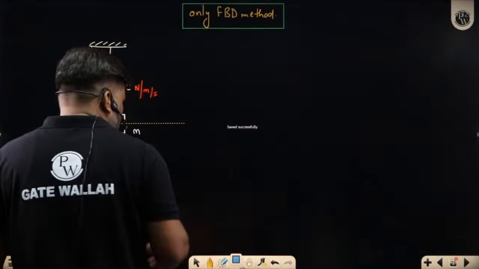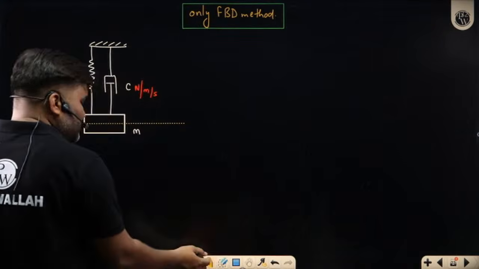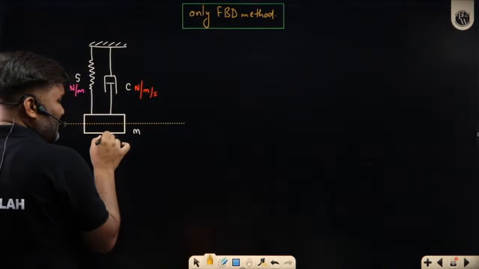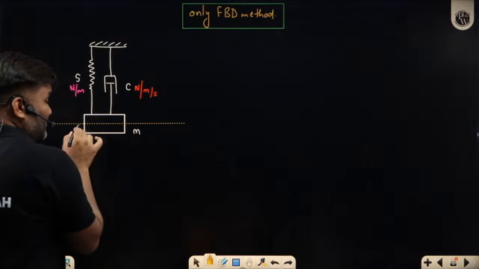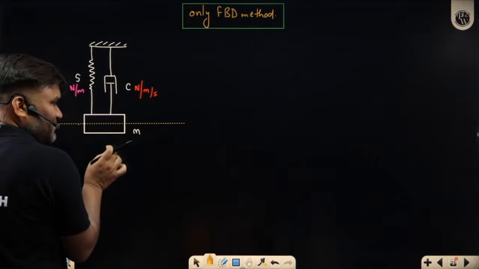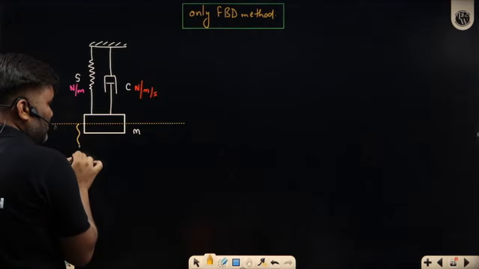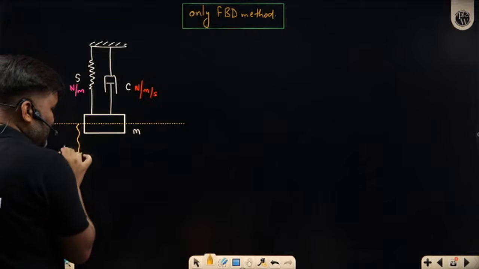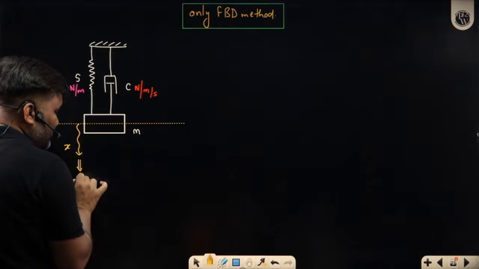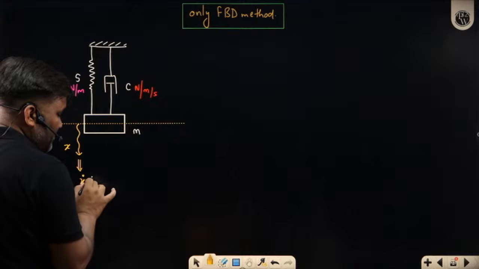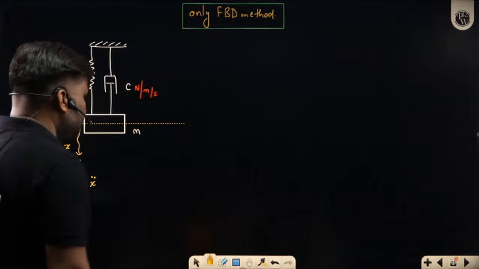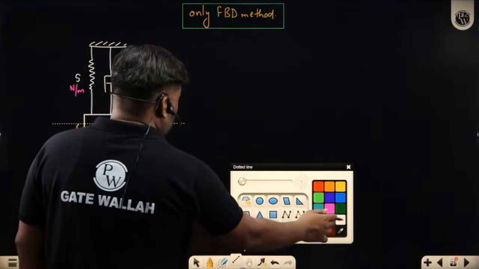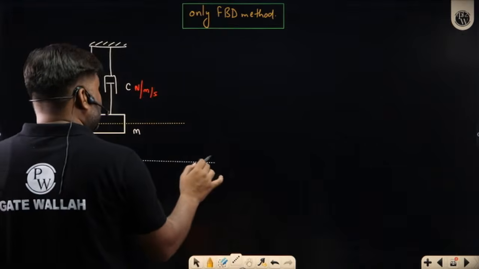How do we solve this? Sir, the same method: at any general time t, my mass was at some x distance from its mean position after you provided some disturbance. It was moving with some x dot velocity and x double dot acceleration. What forces are acting here? Sir, the mass is here.